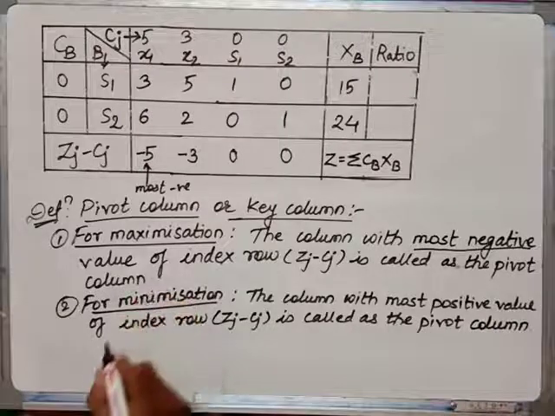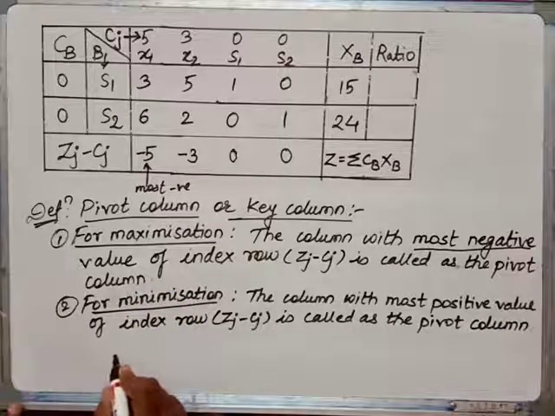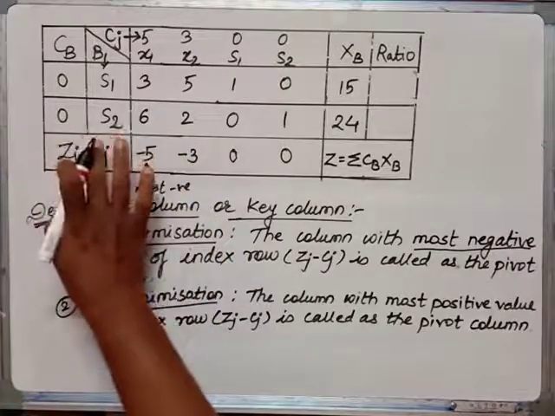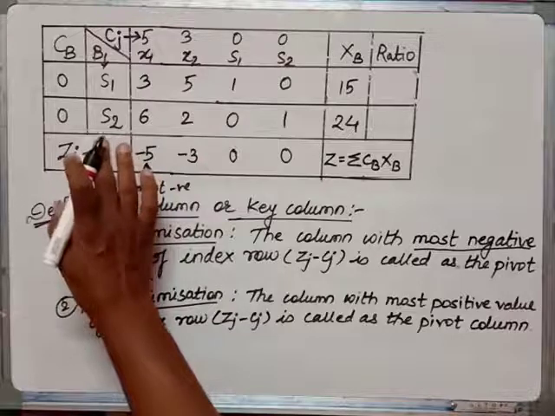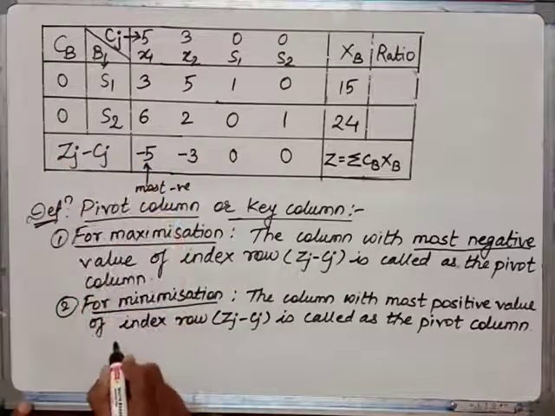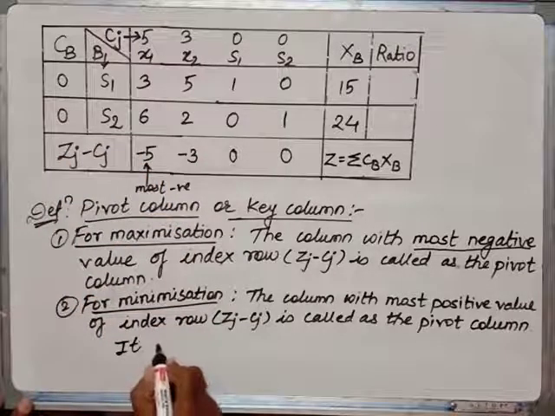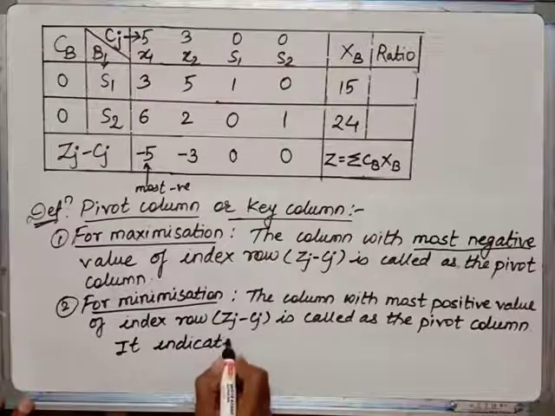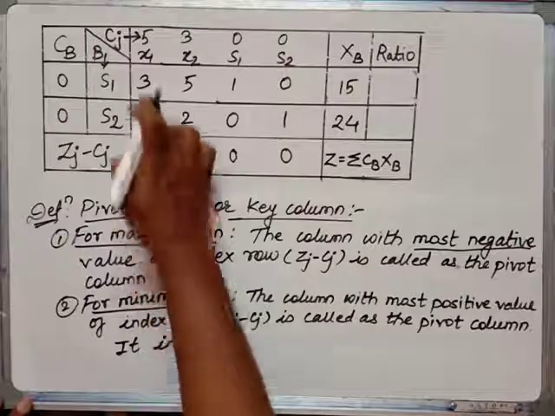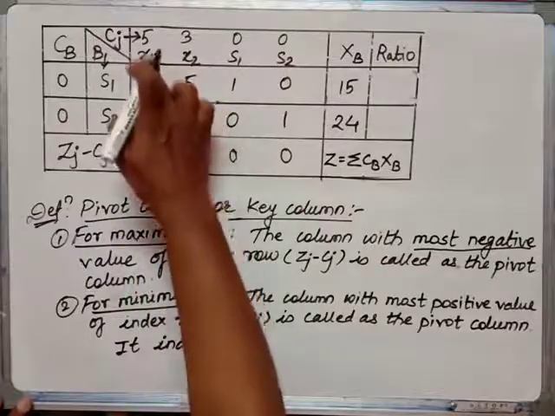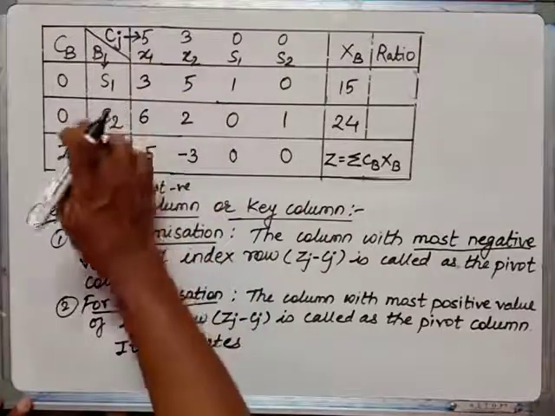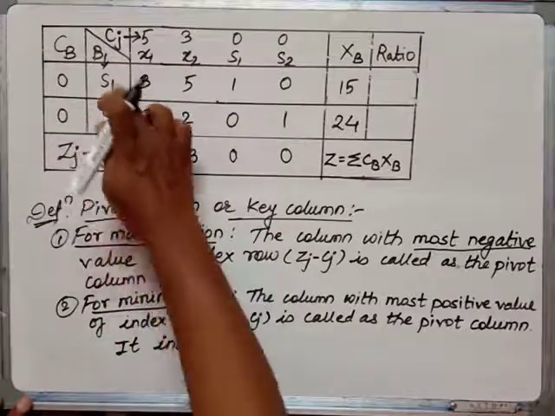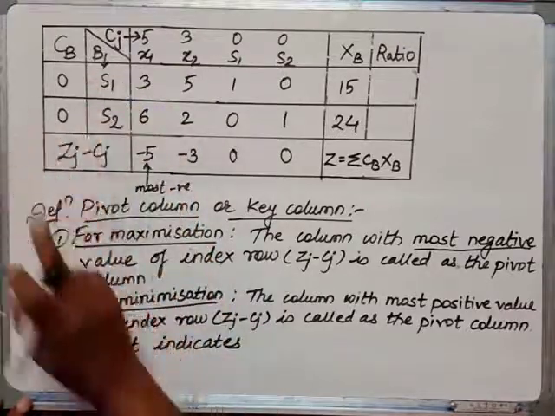Pivot column. Okay. Now, it indicates that the variable of this column will enter in a basis. It indicates means this variable for this column, this x1, wants to enter in a basis, means it will take one of the positions of this s1 or s2.